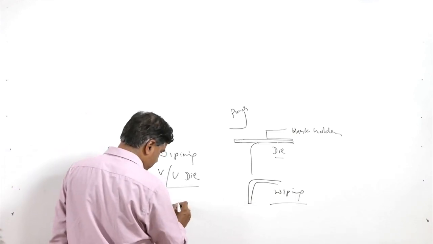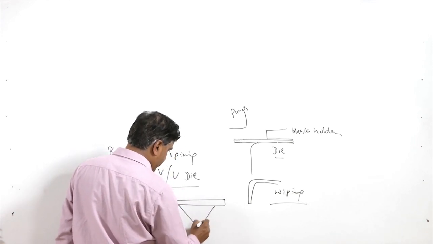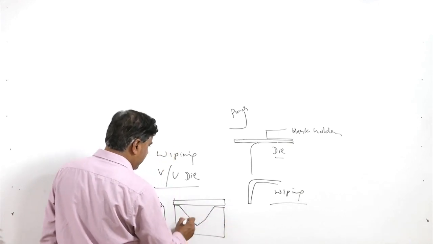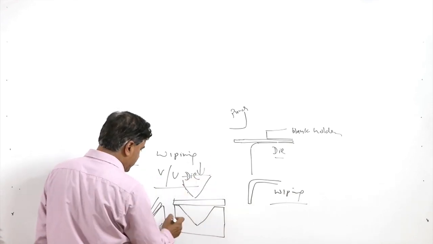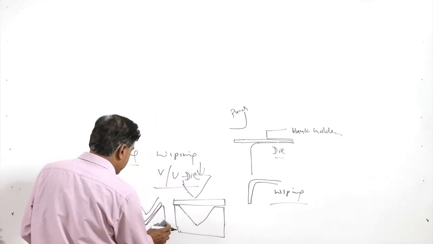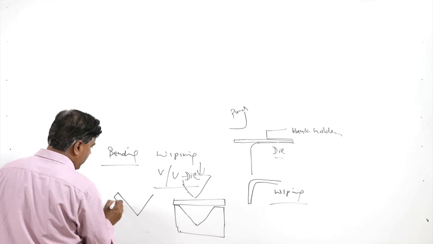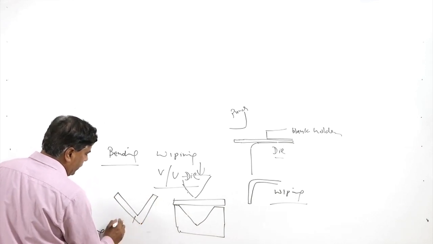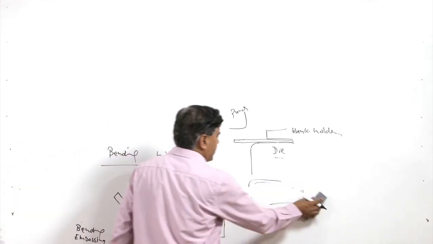In this case, first the sheet metal will be placed over the V shape die in this manner, and when the punch of the suitable shape comes down, it takes the V shape. So when the punch moves down, we get the sheet metal deformed in this shape. This is called realizing V shape products using the V die process.